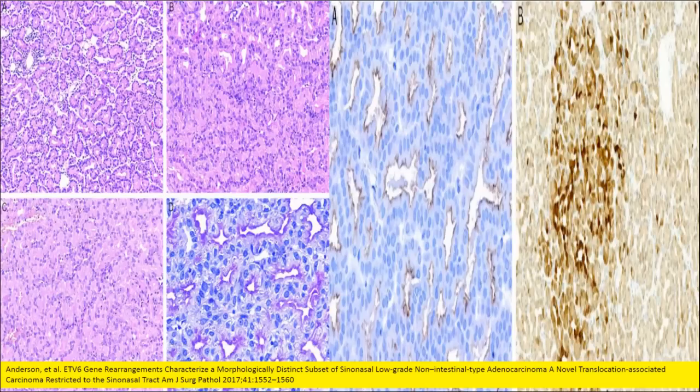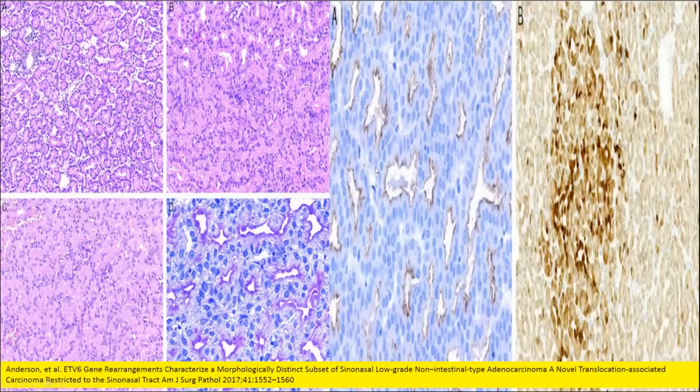There was this paper by the Hopkins group that talked about these low-grade sinonasal adenocarcinomas that had this non-intestinal phenotype and were associated with an ETV6 gene rearrangement. And these are the pictures from that paper showing these very bland glands, very similar to what we had.